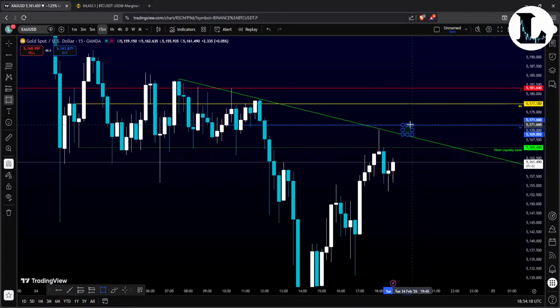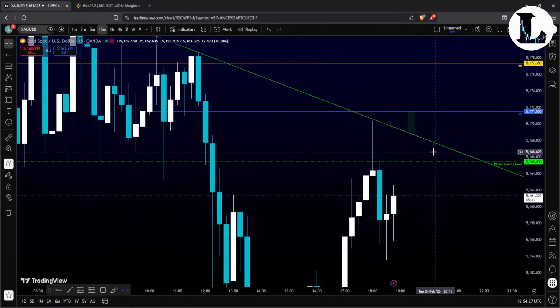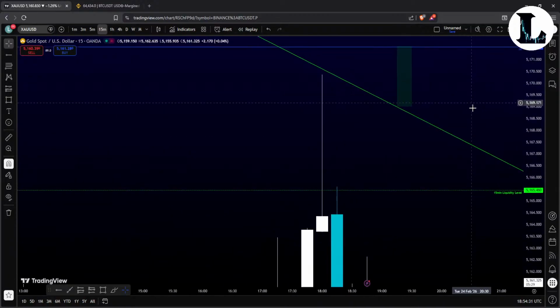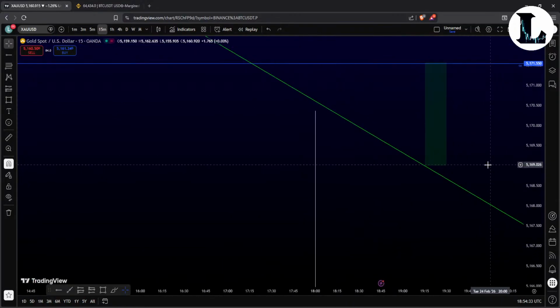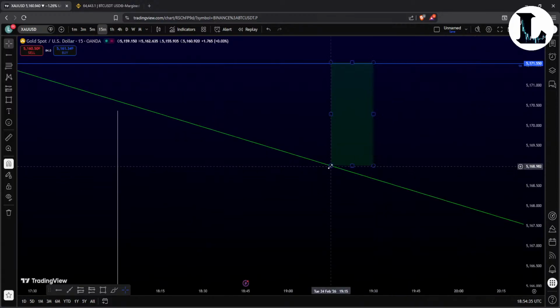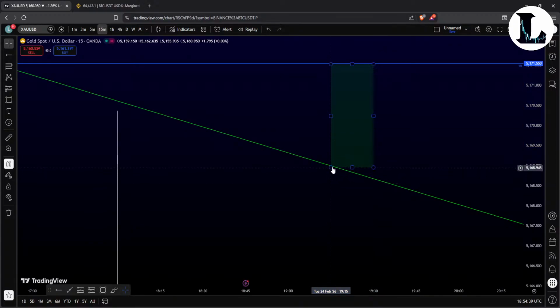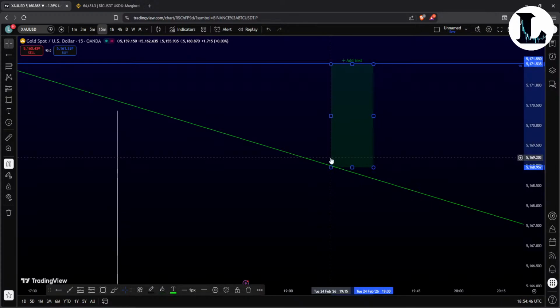So imagine, oh come on, sorry, okay, imagine this is a white candle. If you zoom in, well, that little corner, if it's testing the trend, it's not a confirmation of the break.